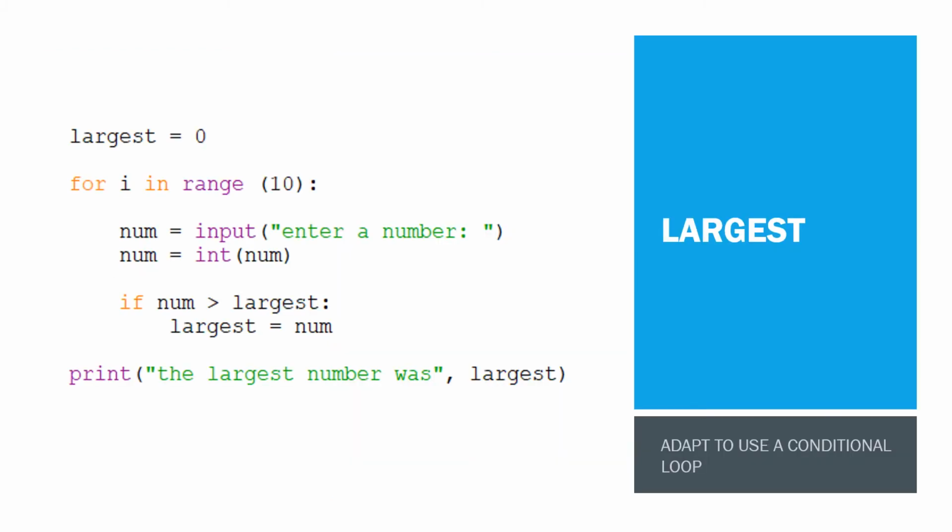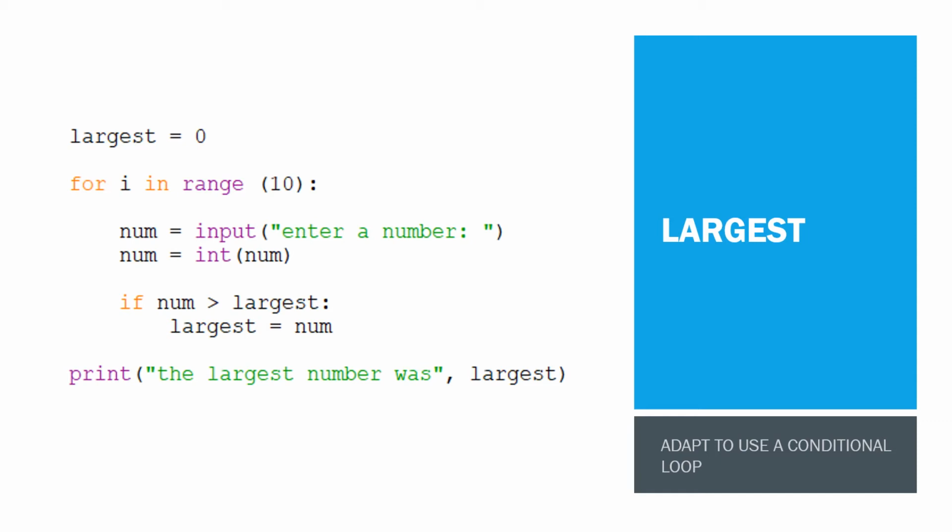So here's an example of a program to calculate the largest in a series of numbers. In this example, I've used a counter-controlled loop. The value of largest is set to 0 before the loop begins. Every time round the loop, the user enters a number, and then there is an if structure embedded or nested inside the loop.